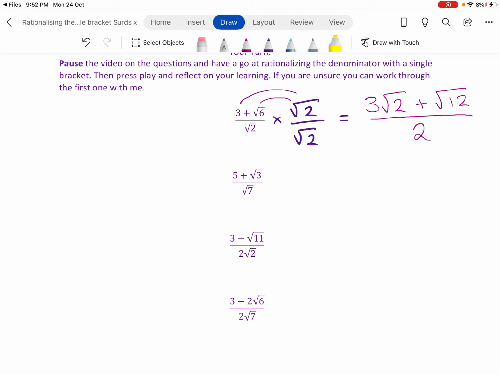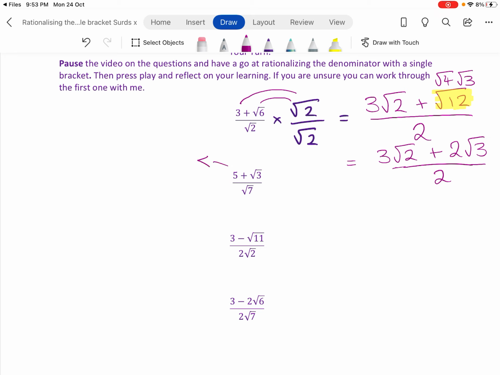So, we can simplify root 12. This becomes root 4, root 3. So our answer will be 3 root 2 plus 2 root 3 over 2. However, we cannot simplify it any further because we cannot divide this 3 by the 2 on the bottom.